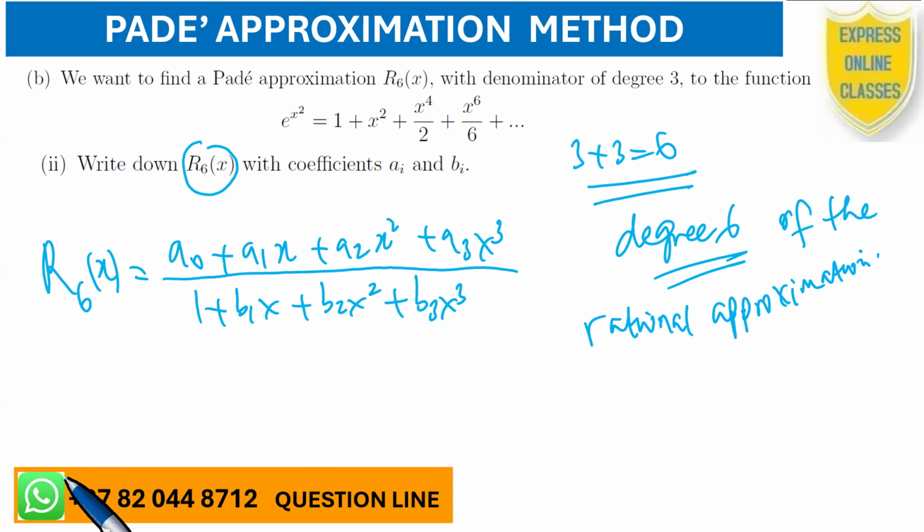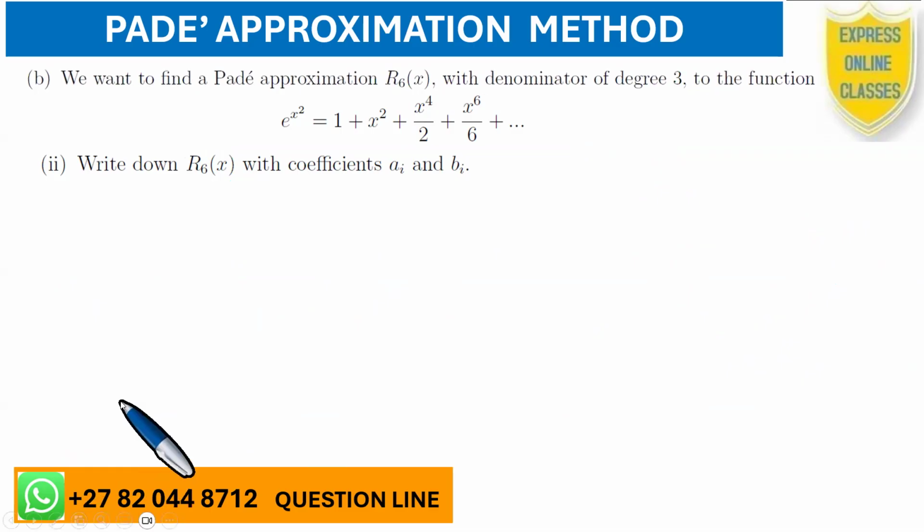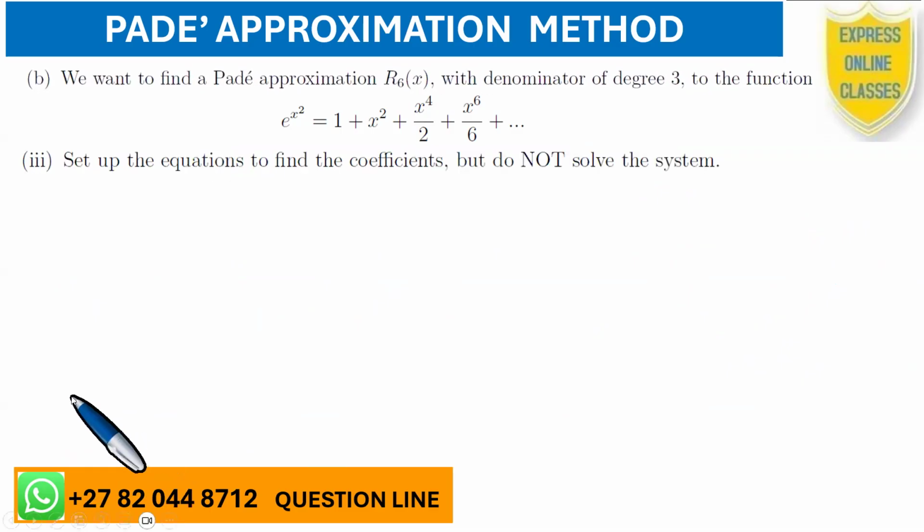Let's look at B3. I want us to discuss B3 right now and conclude our discussion and see if we can do anything next. Roman figure 3, still focusing on the Pade approximation method and how it can be used.